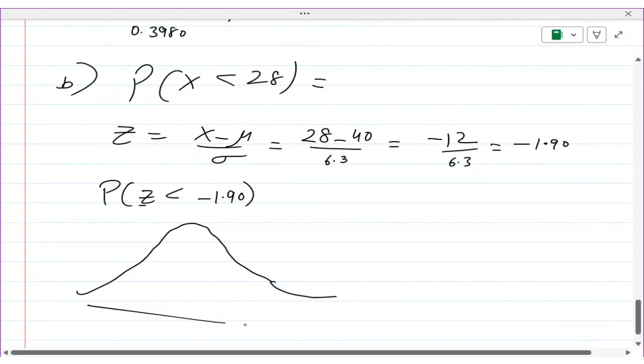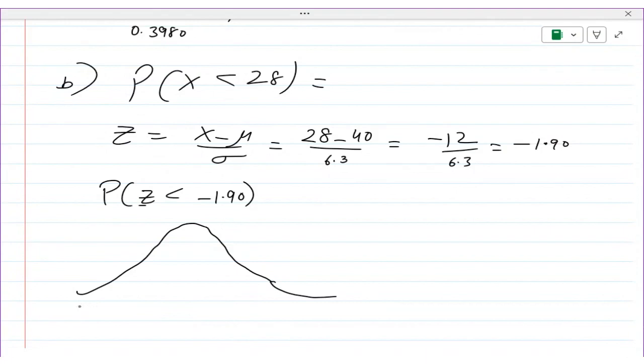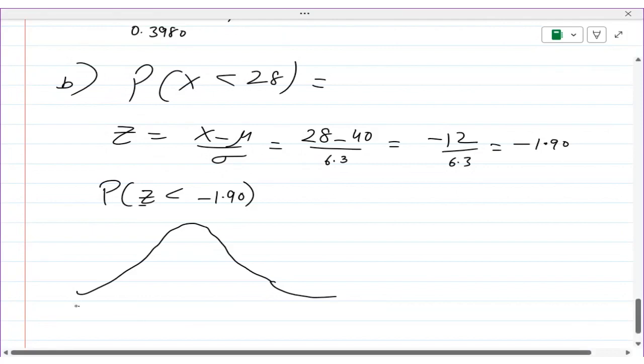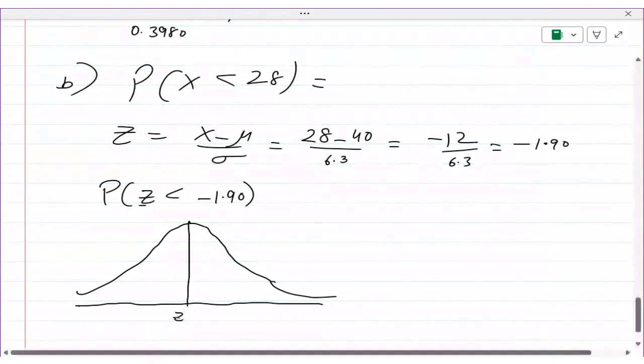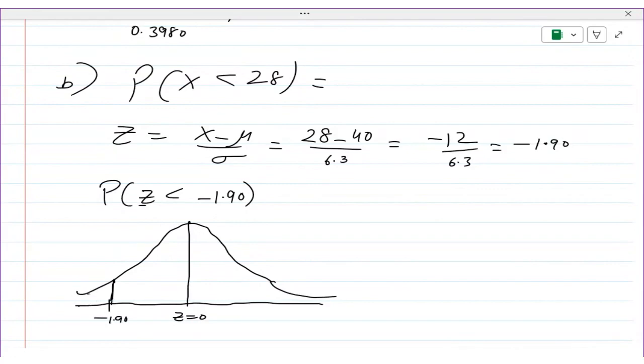So first you will draw a diagram. You know the center is Z equal to 0, the negative side is minus 1.90, and we have to find the probability for less than. So this is what we have to find. The left side probability we have to find. Okay.